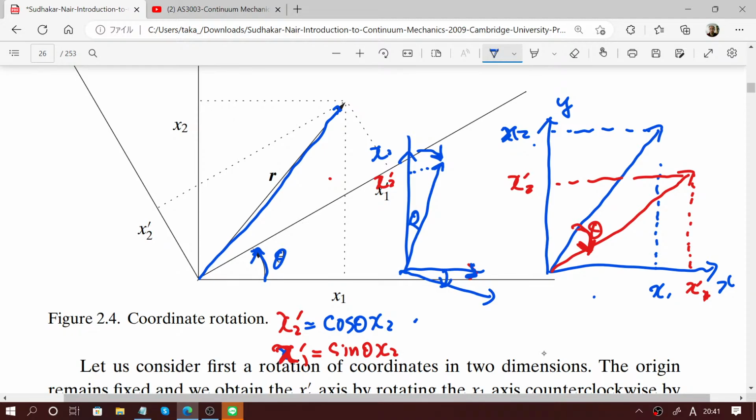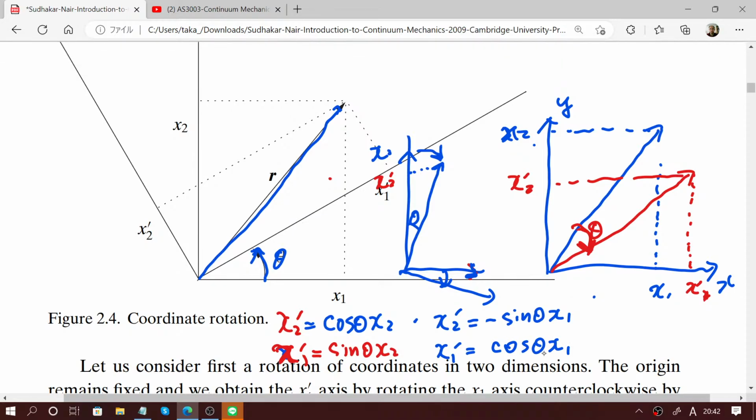So x2 prime goes like minus sine theta x1, and x1 prime equals cosine theta x1. Yeah? So I think this makes sense.